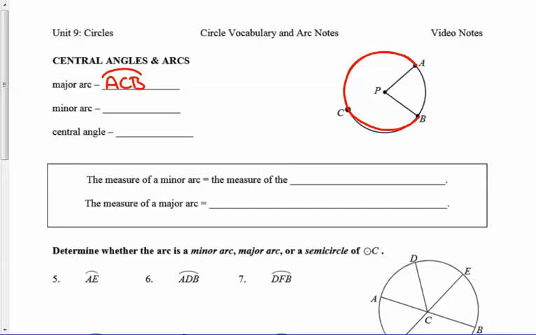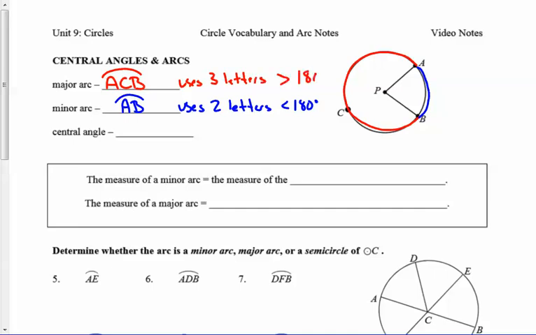A minor arc uses 2 letters, less than 180 degrees. This uses 3 letters and it's greater than 180 degrees. Alright.